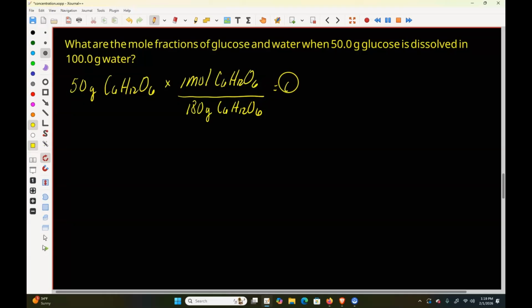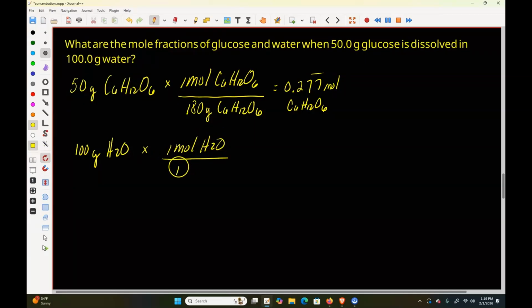That gives me 0.277 repeating moles. I have 100 grams of water. Let's convert that into moles. 1 mole of water is 18 grams of water, which gives me 5.55 repeating moles water.